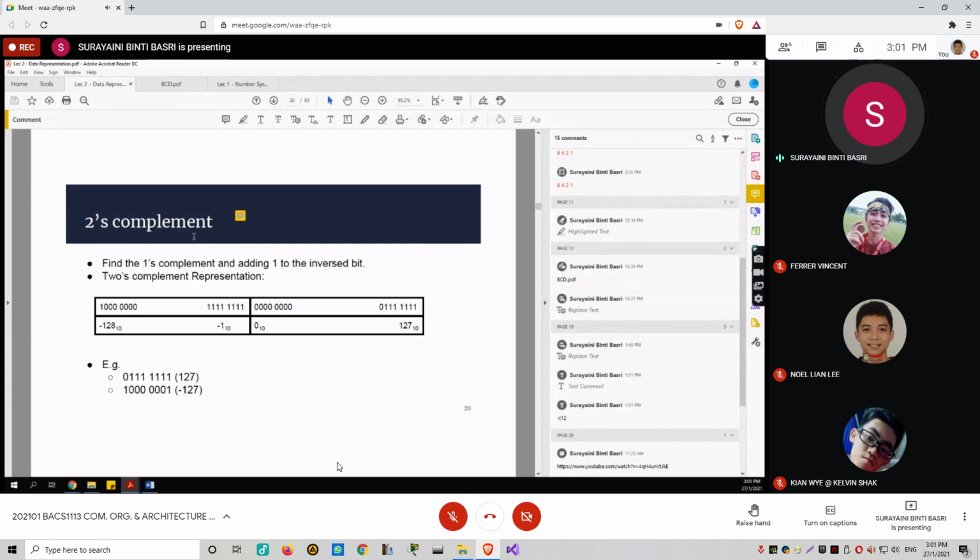So we proceed to the two's complement. For this two's complement, it will find the one's complement first, and we will add 1 to the complement's value, and then we will get the two's complement representation.